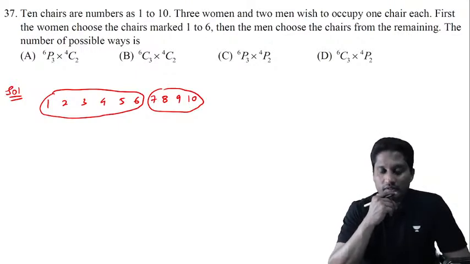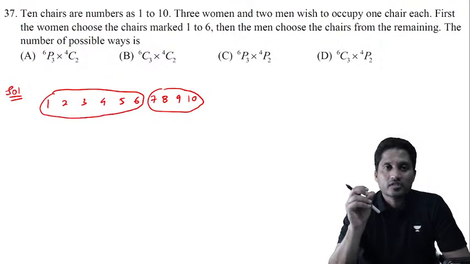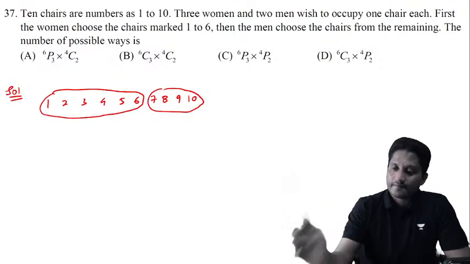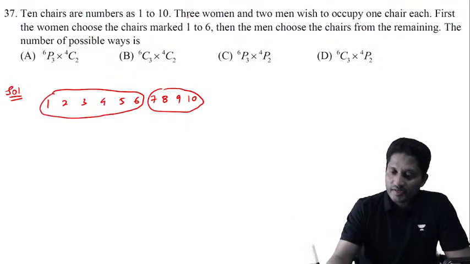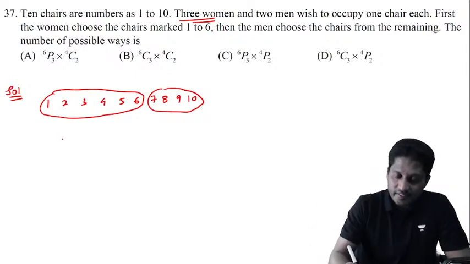The number of possible ways: when you arrange it is permutation, when you select it is combination. So I'm arranging, I should use permutation. There are 3 women, right? So women should occupy the first 6 chairs only. So permutation is 6P3.